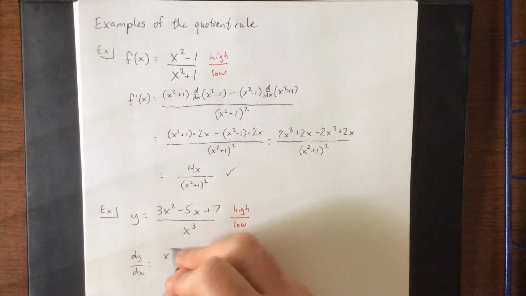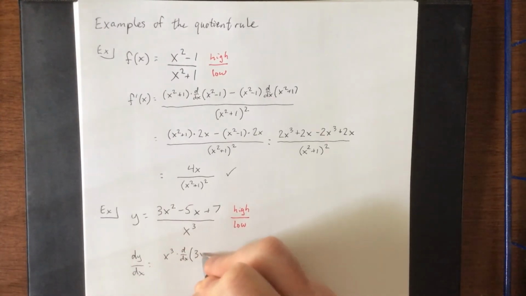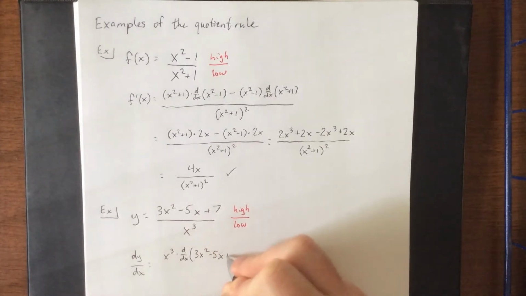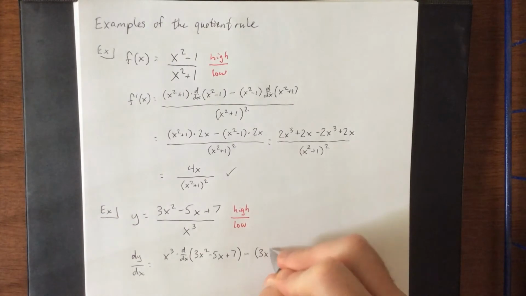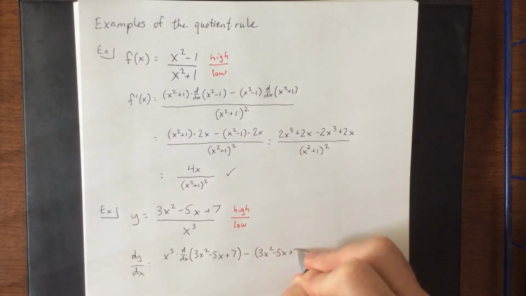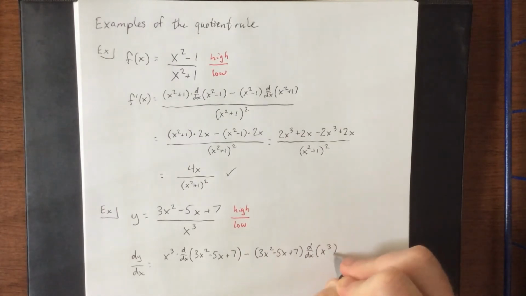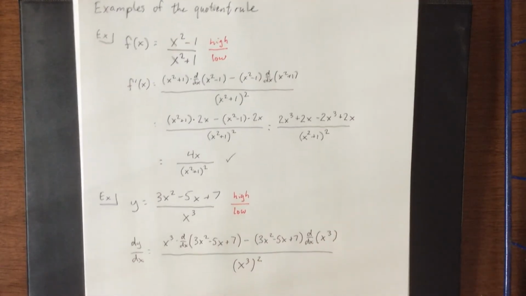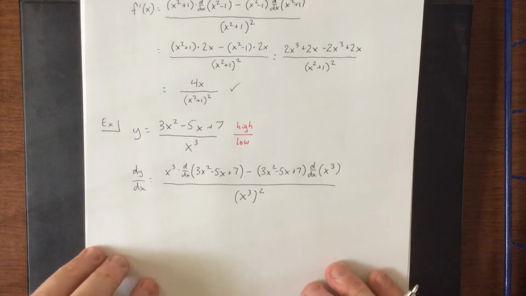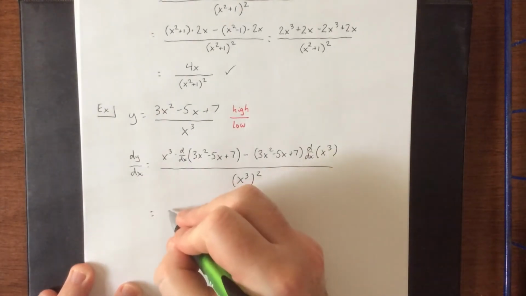Quotient rule says low, d high, less, high, d low, over the square of what's below. Now again, quotient rule doesn't finish all of the derivatives for us, but it does give us some more basic things to differentiate. So we'll start here.